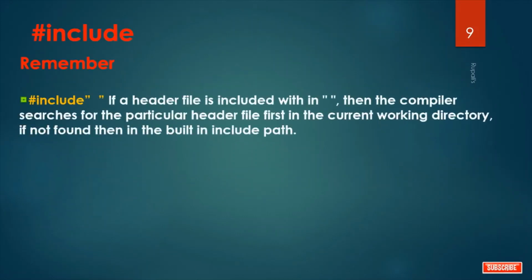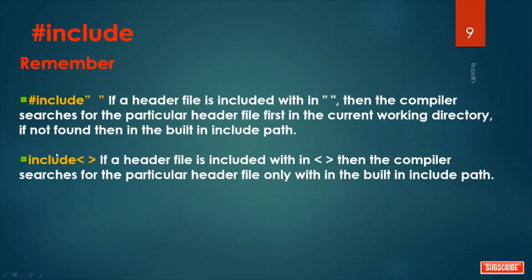Now see, if I include a header file using hash include within double quotes, then the compiler searches for the particular header file first in the current working directory, and if it is not found, then in the built-in include path.